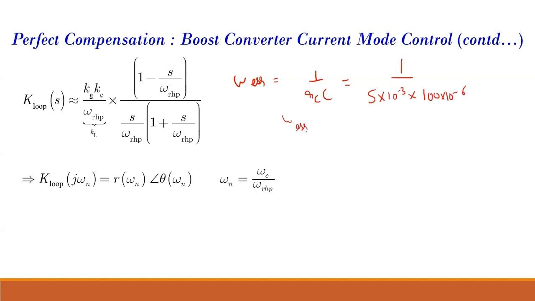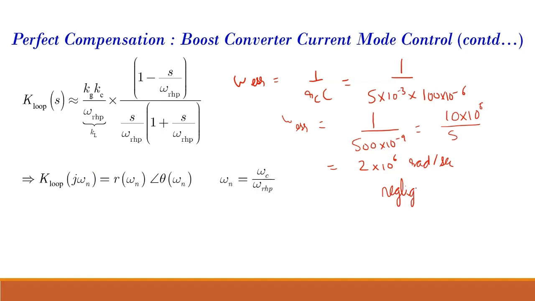So omega ESR will be equal to 1 upon 500 into 10 to the power minus 9, or 10 to the power 6 upon 5. So it is around 2 into 10 to the power 6 radians per second. This is a very high value, so it has a negligible impact on the response.